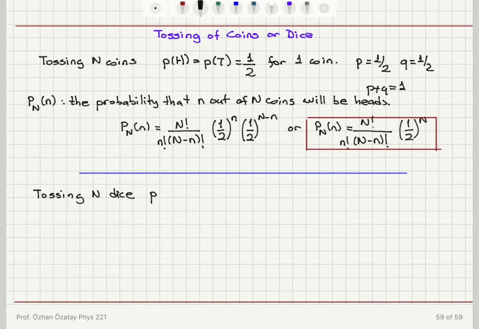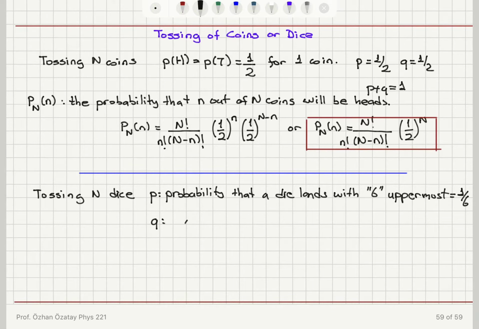Now I'm going to call P the probability that a die lands with number 6 uppermost. And what is this probability? We know what it is because there is no preference over the possible outcomes. It is 1 over 6, the probability of occurrence.